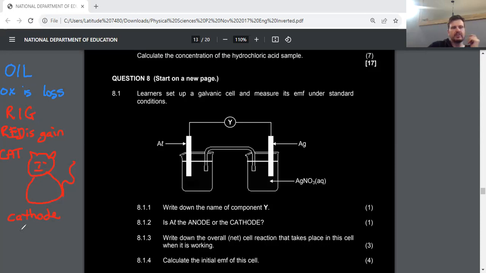Now, the other thing we have to remember is that one of these is a cathode, one is the anode. So the reduction is going to take place at the cathode.